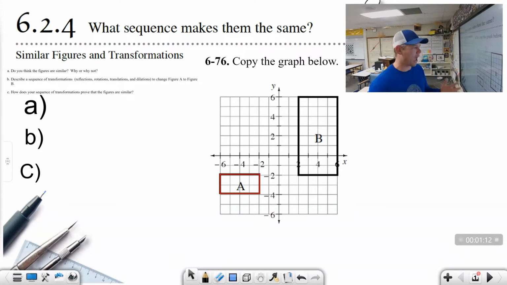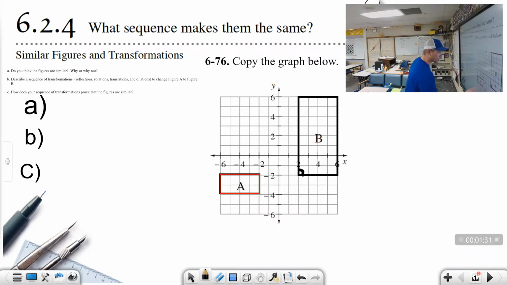So if I were looking at A and B, I would try and look for patterns that make them similar, things that I need to recognize. Are the angles the same? I notice this shape is right angles. So I can say, okay, that's a good start.